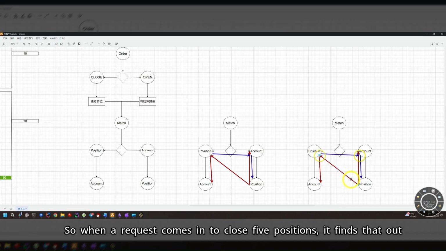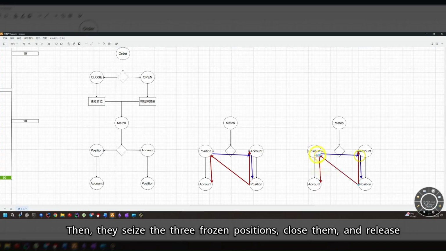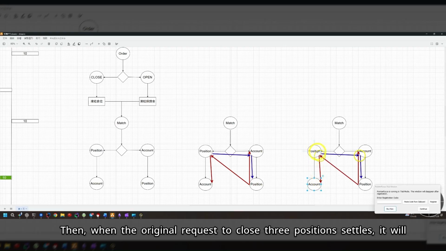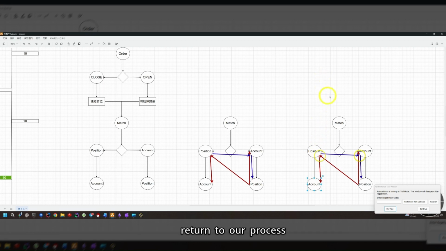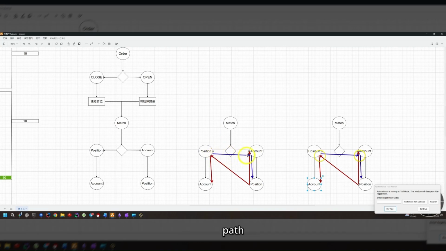So when a request comes in to close 5 positions, it finds that out of the 5, 3 have already been frozen. Then they seize the 3 frozen positions, close them, and release the funds. Then, when the original request to close 3 positions settles, it will return to our process. The process of closing and then opening positions follows this blue path. This forms a closed loop.